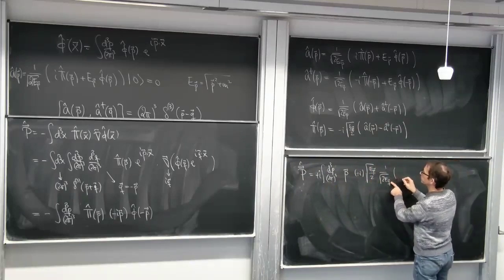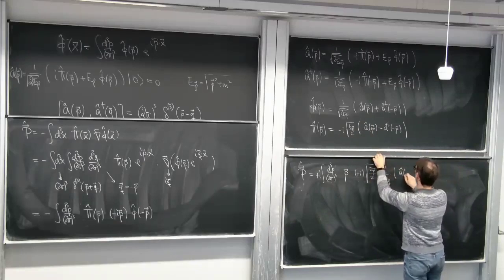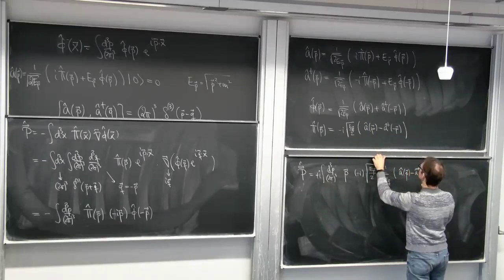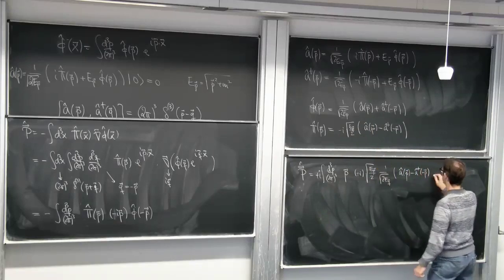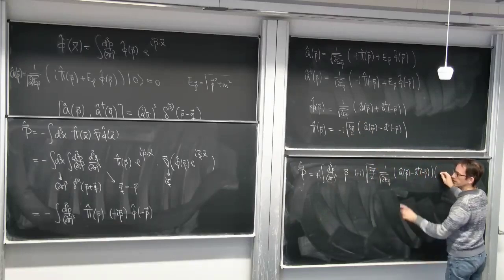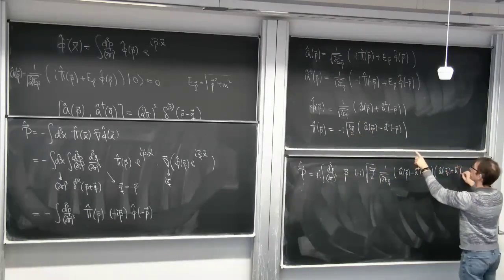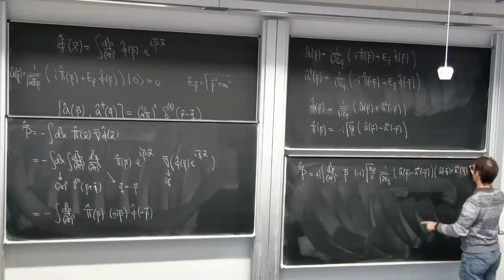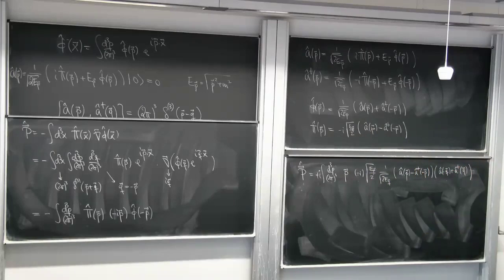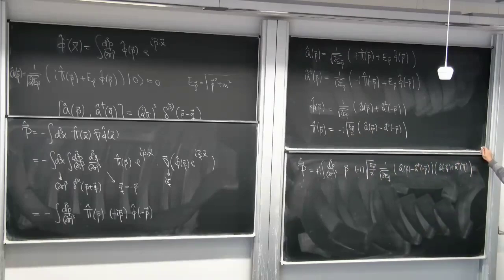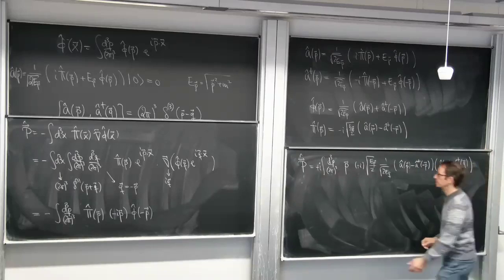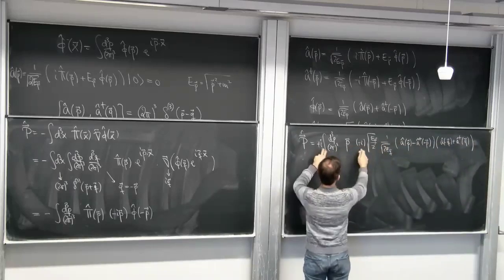And then pi came first, so a dagger p minus a dagger minus p, and then a dagger minus q plus a dagger p. There we go. Four terms, I guess.